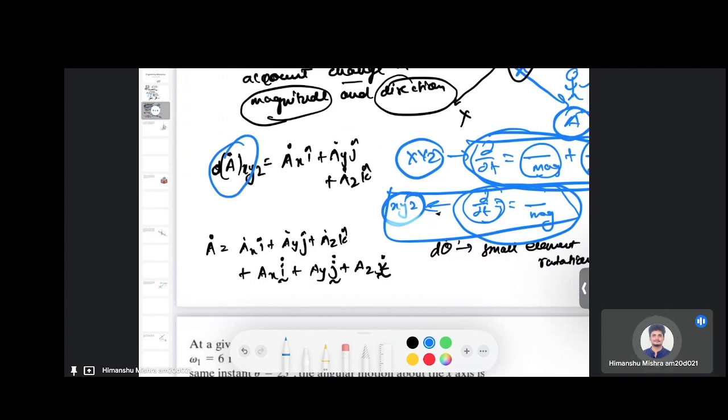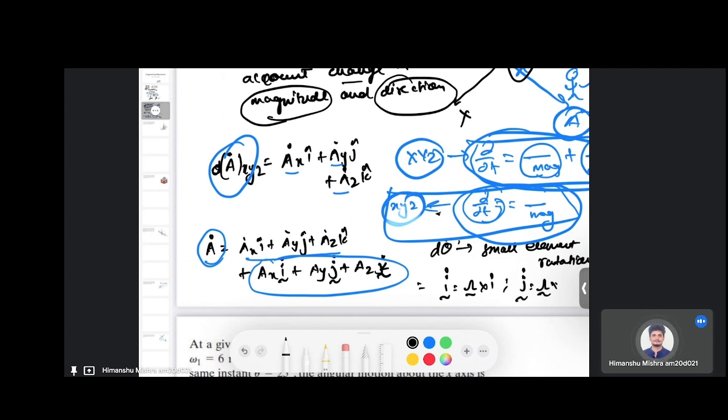So in the moving frame, the rate of change of vector A is given in terms of magnitude change only, but in the fixed frame, the rate of change of A is from the magnitude change as well as from the direction change. So this formula now becomes, if you use the identity like i dot equals omega cross i, j dot equals omega cross j, and so on, where omega is the angular velocity of the frame of reference small xyz.